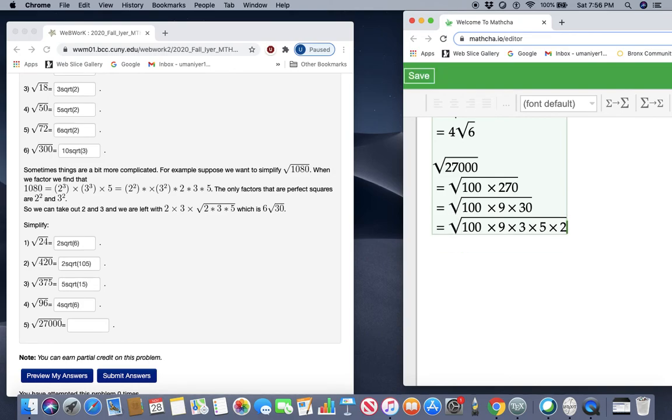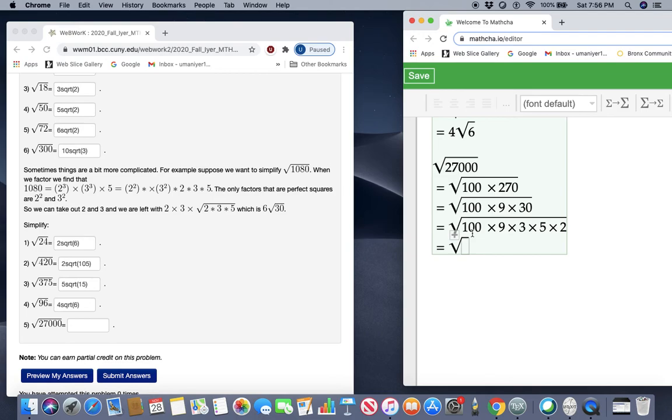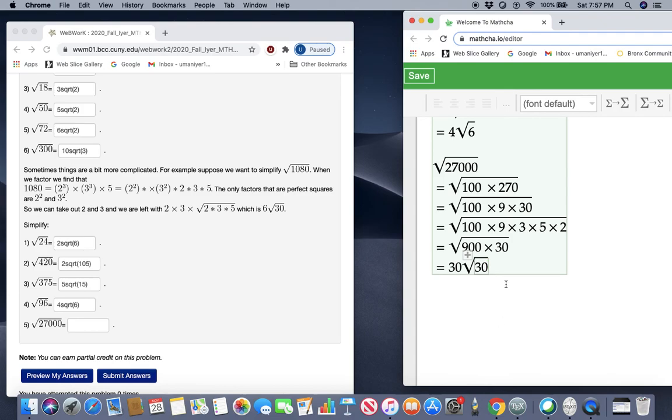So you have only these two. So let me combine them. 100 times 9 is 900 times 3 times 5 times 2, that was 30. Square root of 900 is 30. Square root of 30 cannot be resolved. So this is 30 square root of 30.